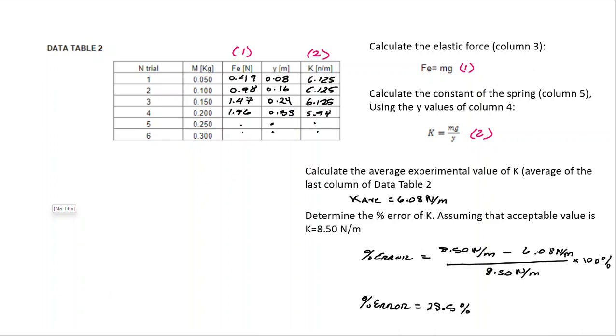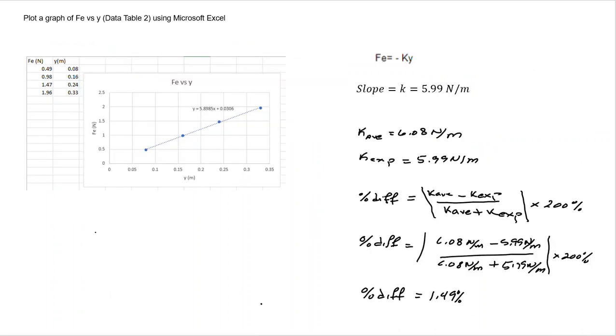So after that, you're going to get the columns of elastic force and elongation of the spring, and you will make a graph of elongation versus elastic force. You will plot the points, you will find the line that better fits the data points, and you will ask the software, in this case Microsoft Excel, to put the equation that describes the line that better fits the data points.